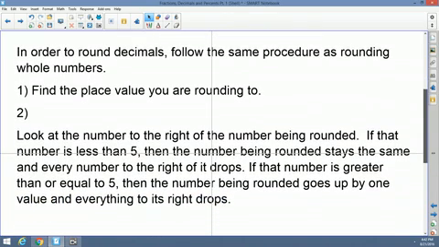If that number is less than 5, then the number being rounded stays the same and every number to the right of it drops. If that number is greater than or equal to 5, then the number being rounded goes up by 1 value and everything to its right drops.